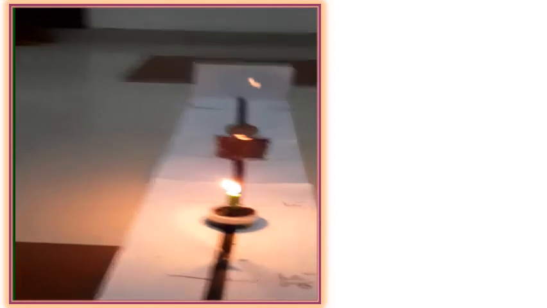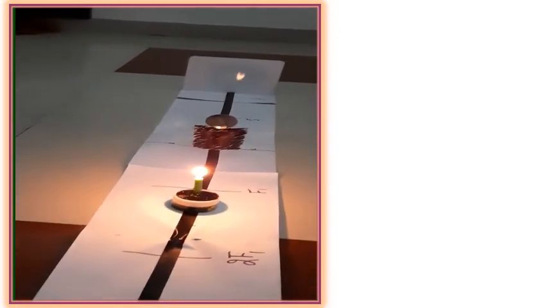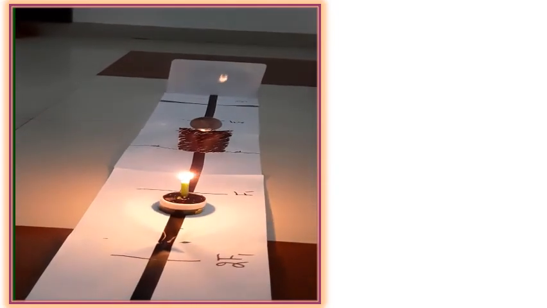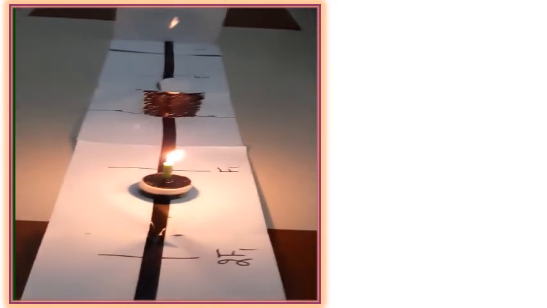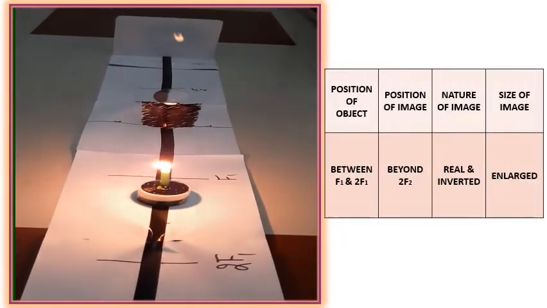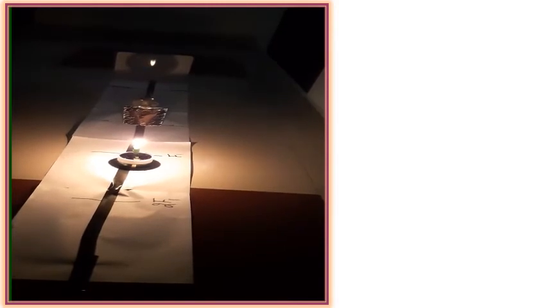So when our object is kept between F1 and 2F1, a real, inverted and enlarged image is formed by the convex lens beyond 2F2. And a better view of the same in the dark. What a beautiful real inverted image being formed.